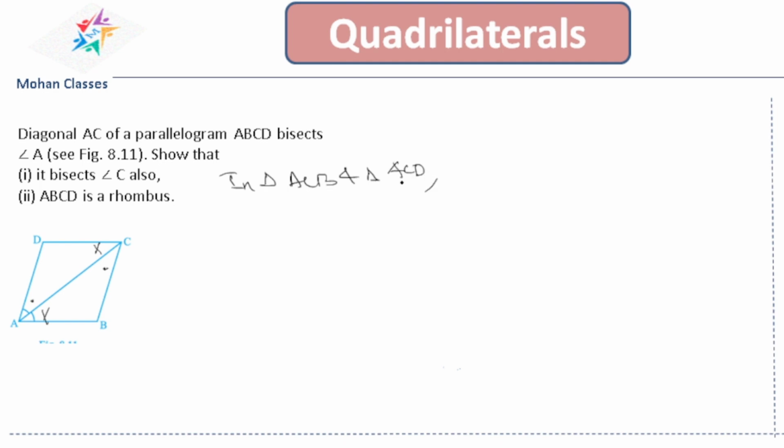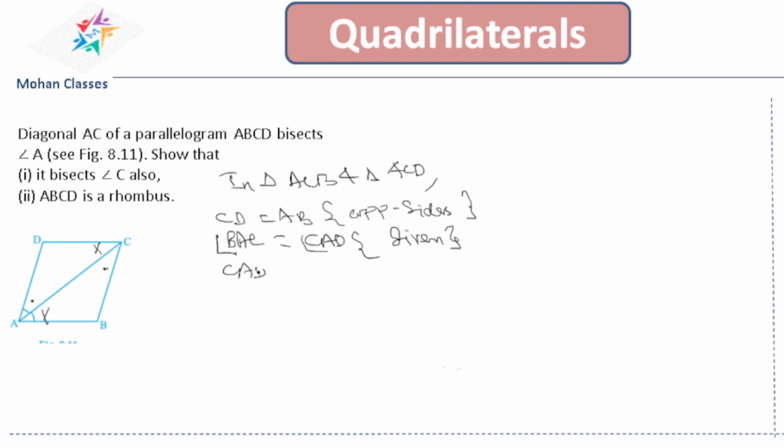In these two triangles, CD is equal to AB, opposite sides. Opposite sides are equal, and then angle BAC is equal to angle CAD. It is given. And then angle CAD is equal to what? Angle CAD is equal to angle ACB as per alternate angles. Okay.